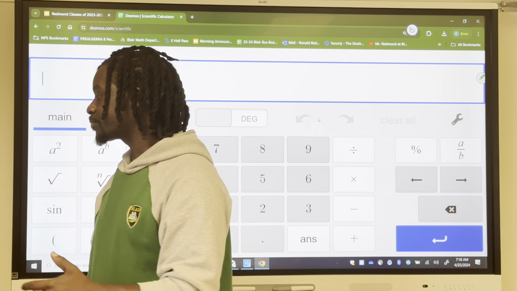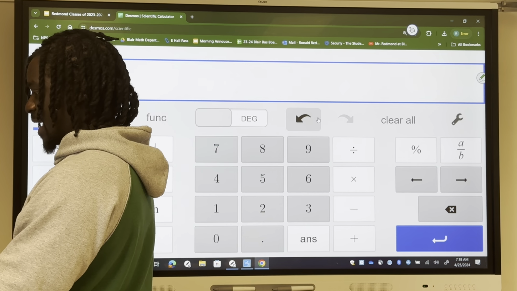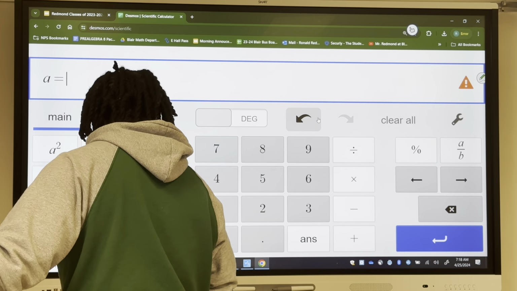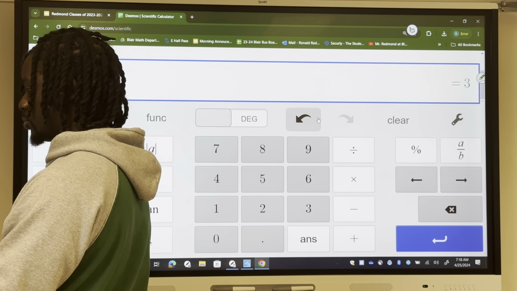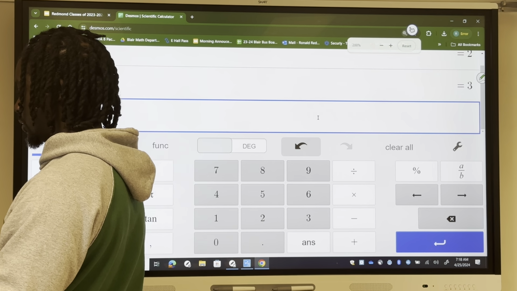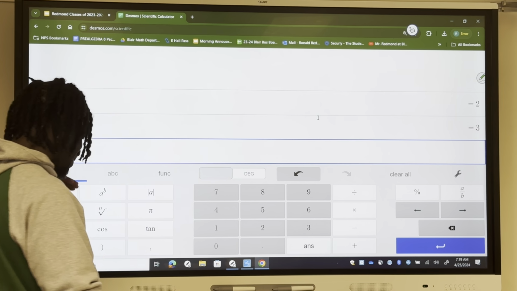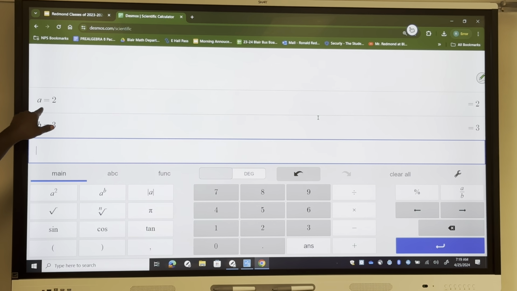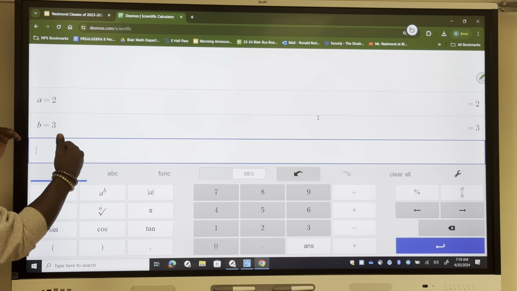Okay, so again, it told me that A equals 2, and then B equals 3. Make this smaller so you can see all of this. Then I enter those, and remember I have to enter one variable on one line and then another variable on the other line.